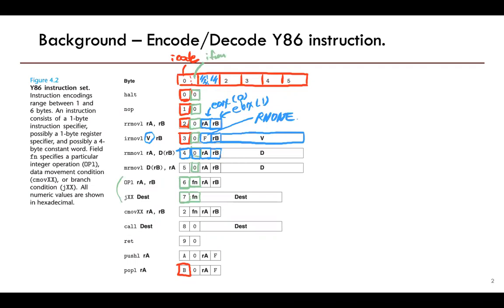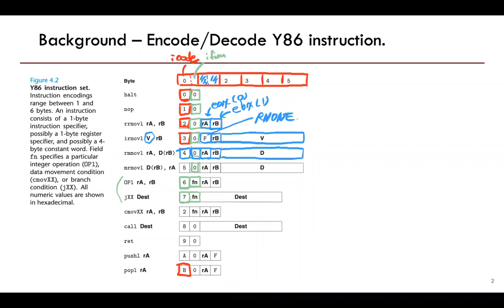But since it is a register to memory move instruction, to specify the displacement in the memory, we need to use a constant value, which is the distance, displacement, right? So we understood our RM move instruction. The next is our MR move instruction, and its format is exactly the same as the RM move instruction, but the direction of data movement is the reverse way.